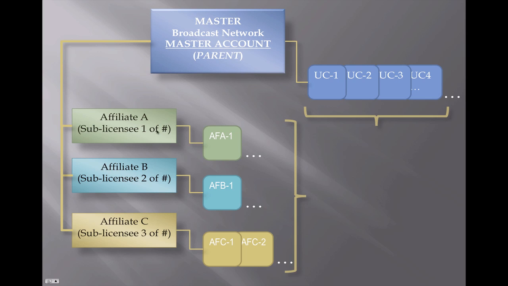The difference between the affiliates and your master account is that you can allow for and create affiliates, which is sort of analogous to if you had a corporate television network like XBC or whatever the name might be, that they have local and regional affiliates. This is analogous to that type of a system where you as the broadcaster or cable channel define who you would like as your affiliates and then allow them to have channels of their own.